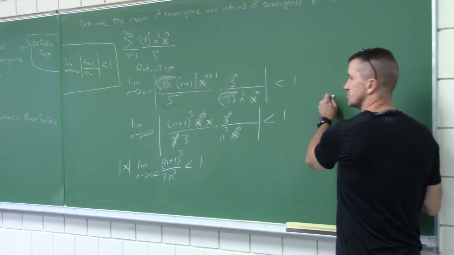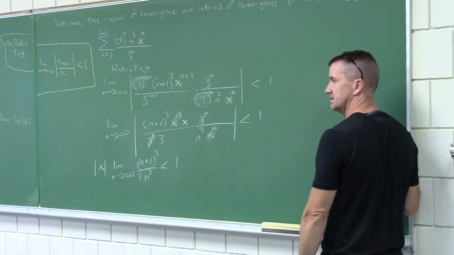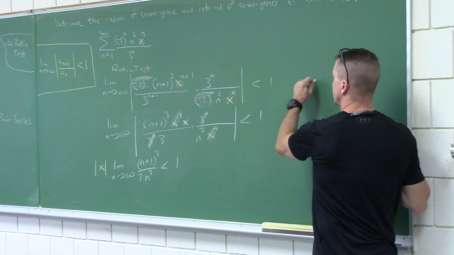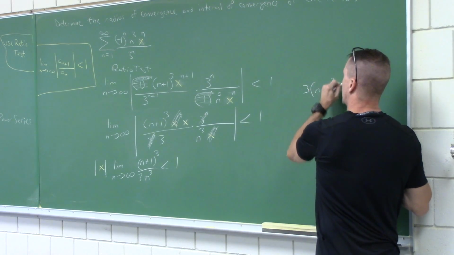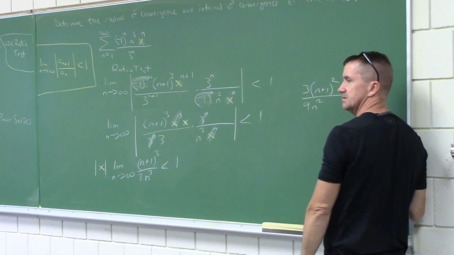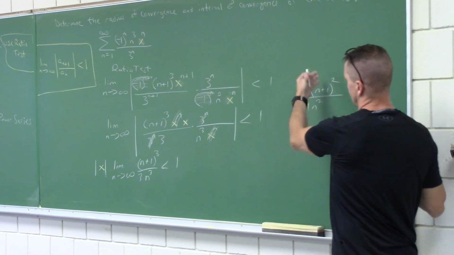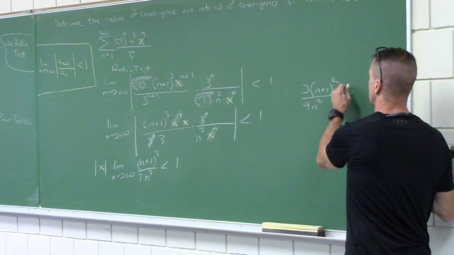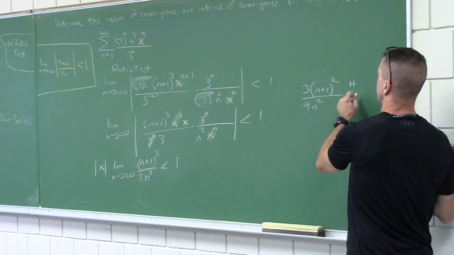Anybody want to see L'Hopital's rule real quick to see that the limit is going to be 1/3? Let's see. What's the derivative of n plus 1 cubed? 3 times n plus 1 squared. What's the derivative of the bottom? 9n squared. So far, so good? Now, I still get infinity over infinity, so do the derivative again. Take the derivative of the top.